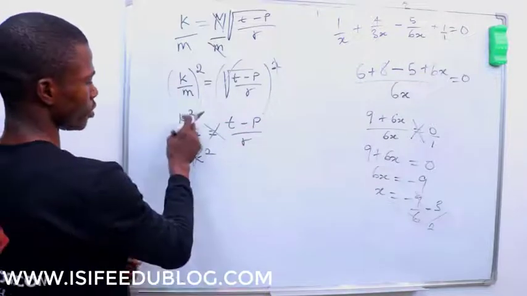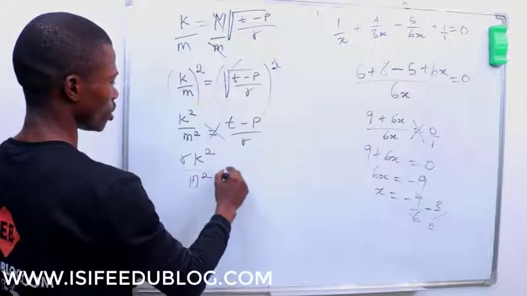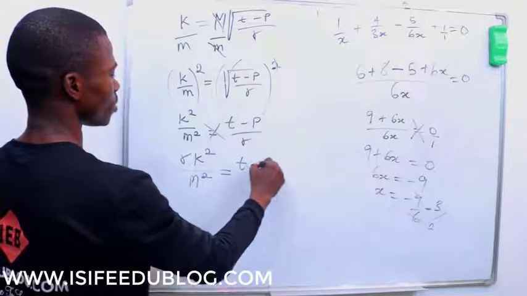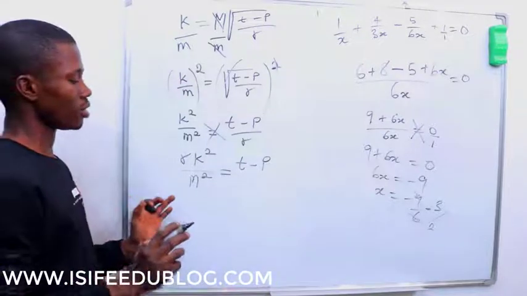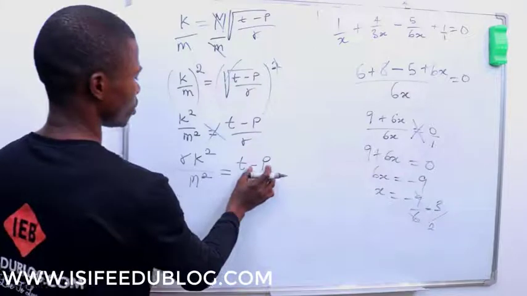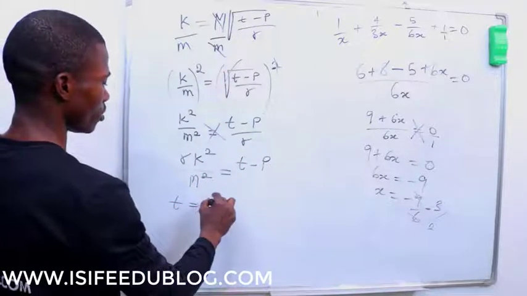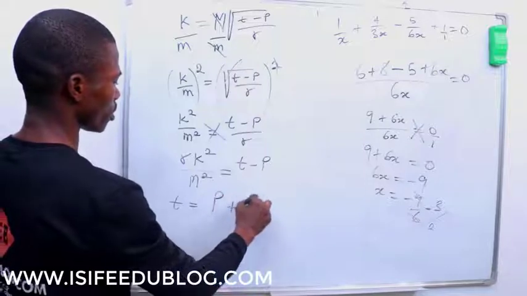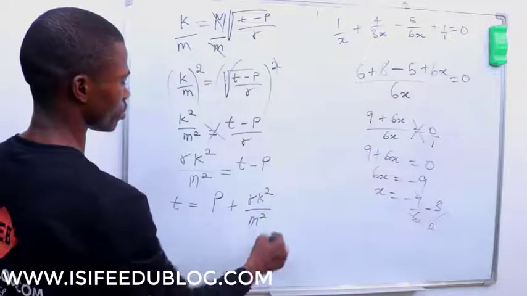That is, this goes here all over M squared is equal to T minus P. All you need now is P crossover. So our T now will be P plus RK squared all over M squared.